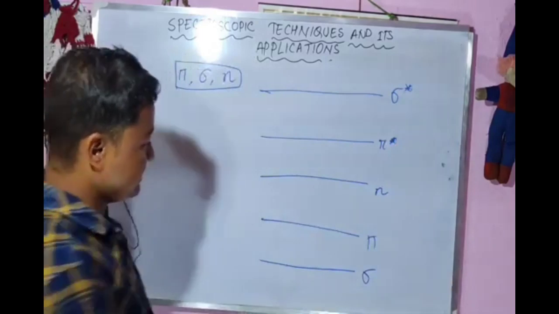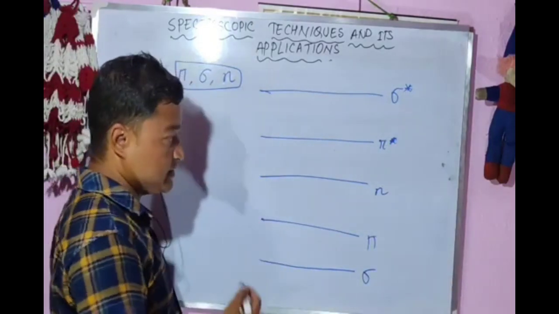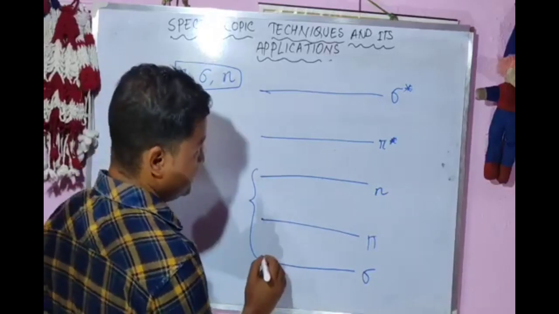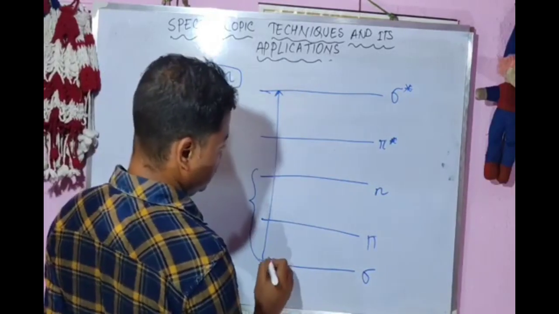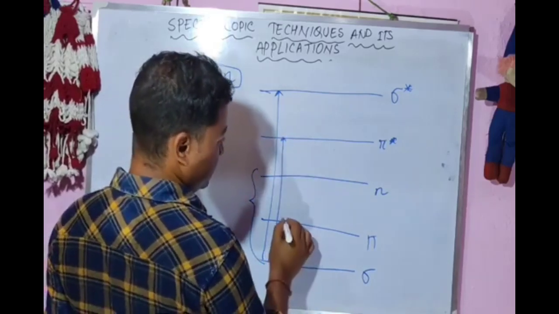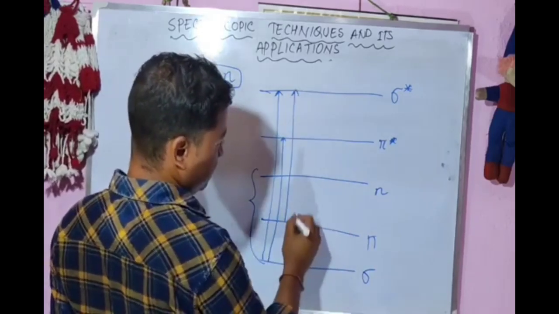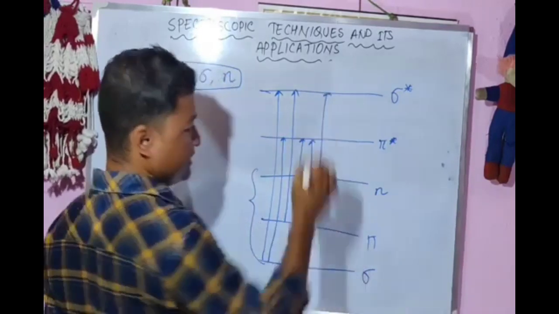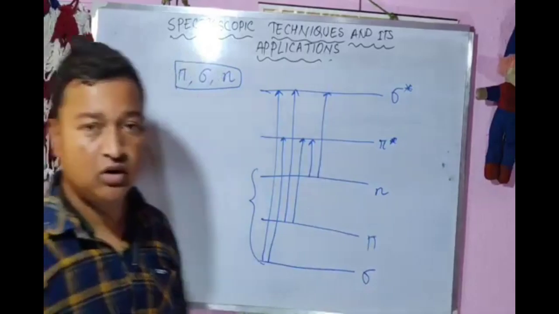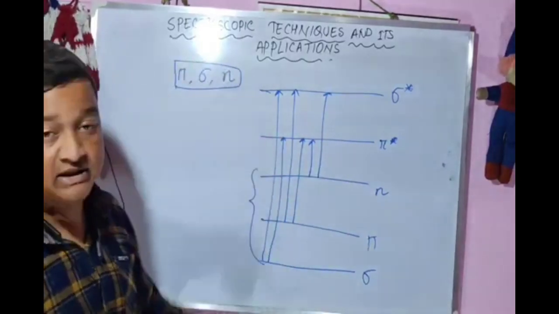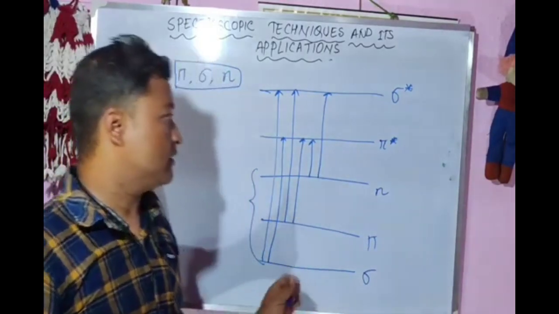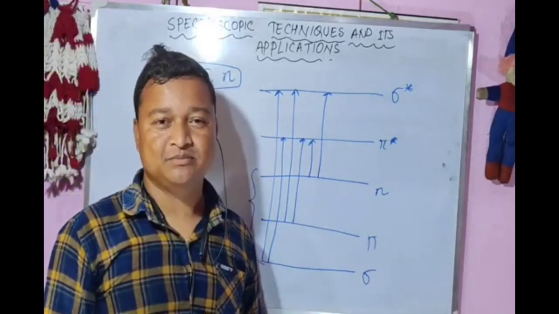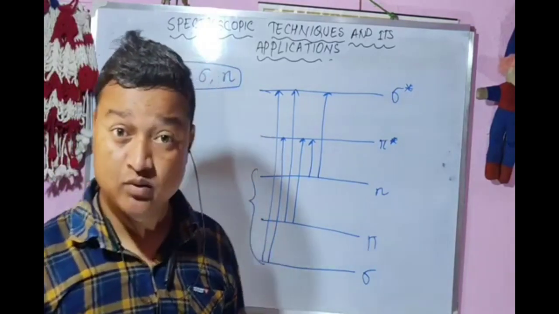So if we consider these electrons present in a molecule, the transitions that can occur are sigma to sigma star, sigma to pi star, pi to sigma star, pi to pi star, n to pi star, and n to sigma star. Total 6 types of transitions could occur, but actually all 6 do not occur because there are some selection rules.